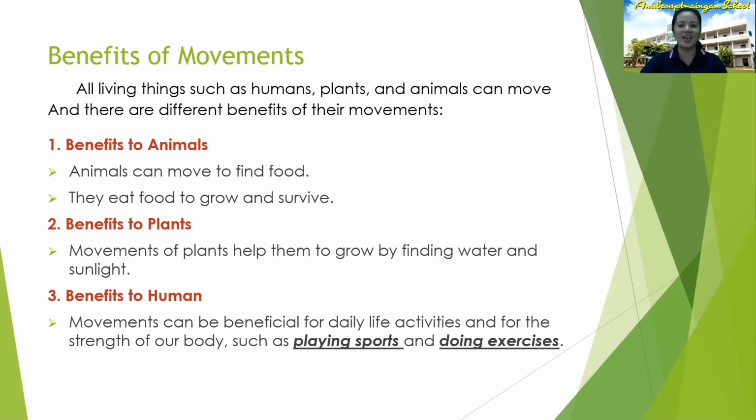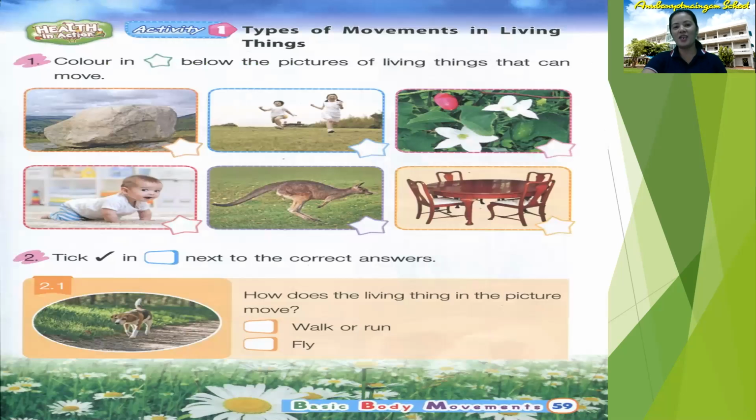Okay, so that's it. So let's do this activity here. As you can see in the picture, we have what? 6 pictures. So you are going to color in the star below the picture of living things that can move. So what are those things that can move?